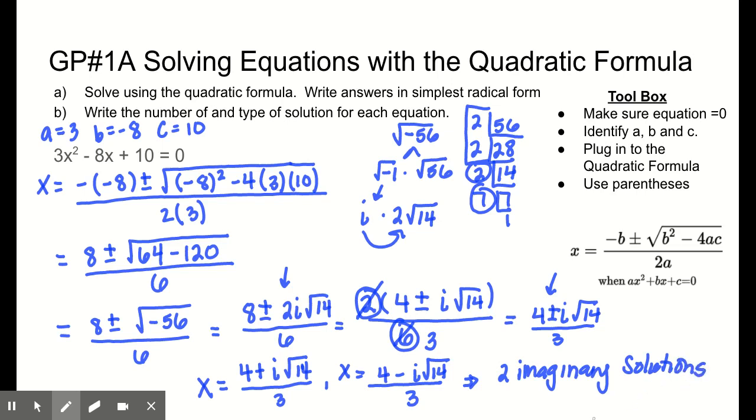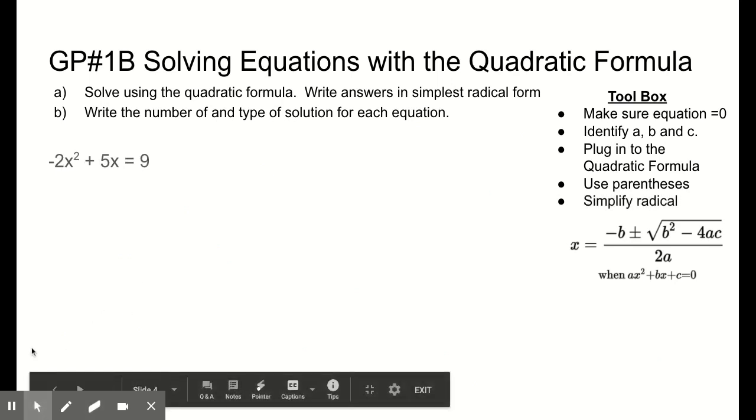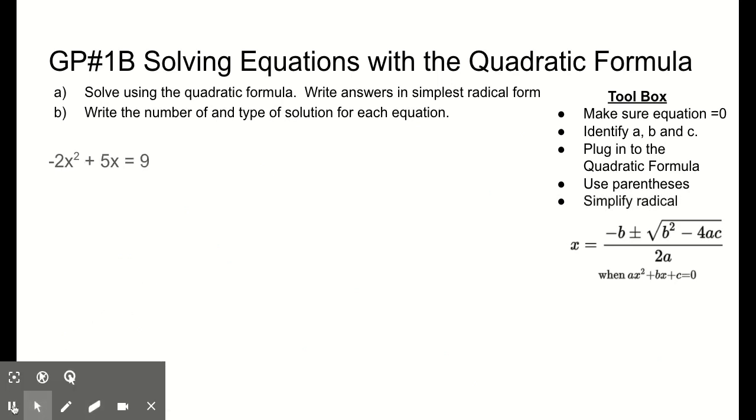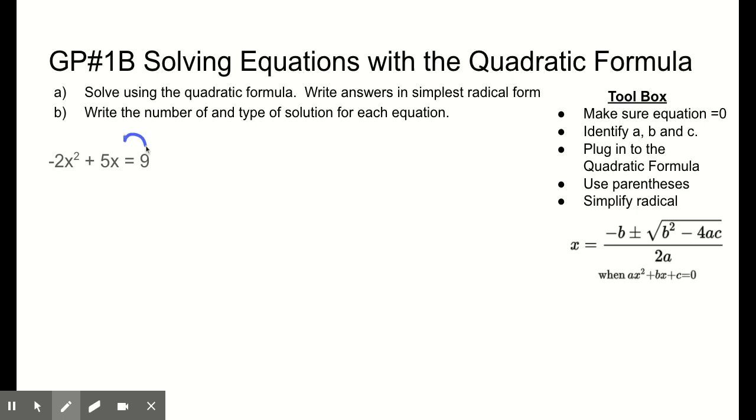All right, let's take a look at one more just to be sure we've got this. All right, so again, we're using the quadratic formula. First step, still make sure our equation is equal to 0. So we're going to go ahead and move the 9 to the left-hand side. Now that 9 is positive, so in order for us to move it over, we have to subtract it.